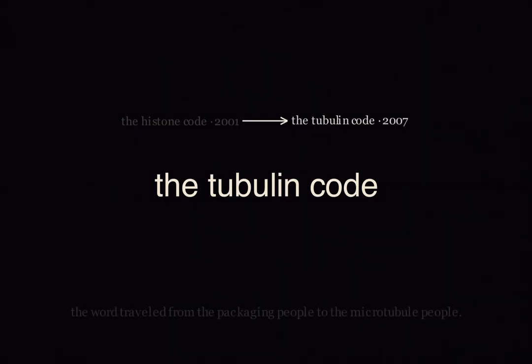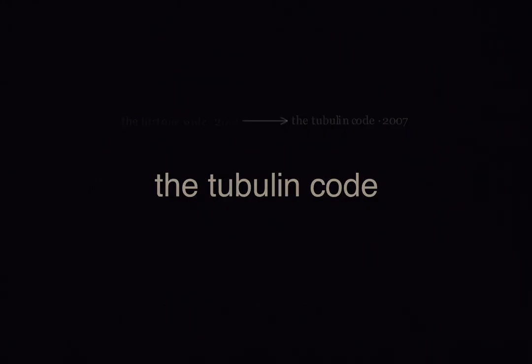Kristen Verhey and Jacek Gaertig called it the Tubulin Code, and they borrowed the word deliberately. Six years earlier, researchers studying how cells package DNA had spoken of a code of marks on the packaging proteins, a histone code, and the word traveled from the packaging people to the microtubule people.